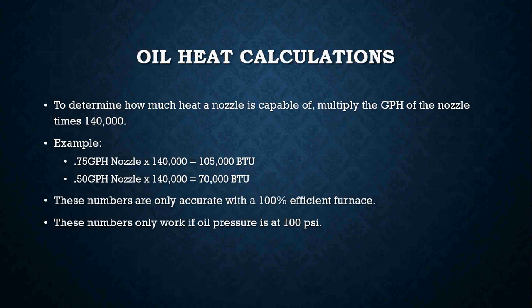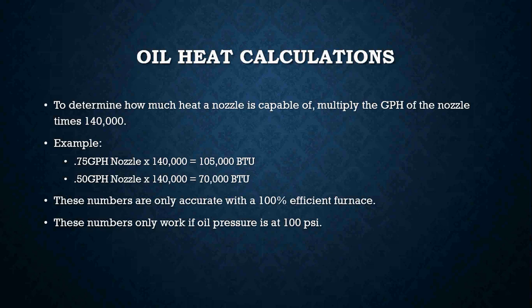So to determine how much heat a nozzle is capable of, we have to multiply the GPH of the nozzle times 140,000. We know that number 2 fuel oil, 1 gallon of number 2 fuel oil, is going to give us 140,000 BTUs.